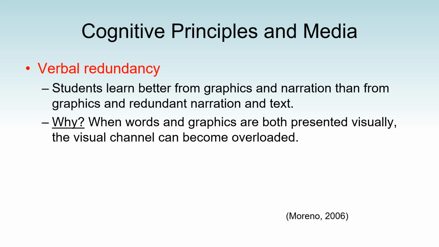The problem here is that the visual channel in the brain is processing the words and the graphics. Refer back to the first cognitive principle: just read the text and don't place it on the screen if you have a heavy graphic that needs to be analyzed by the learners.